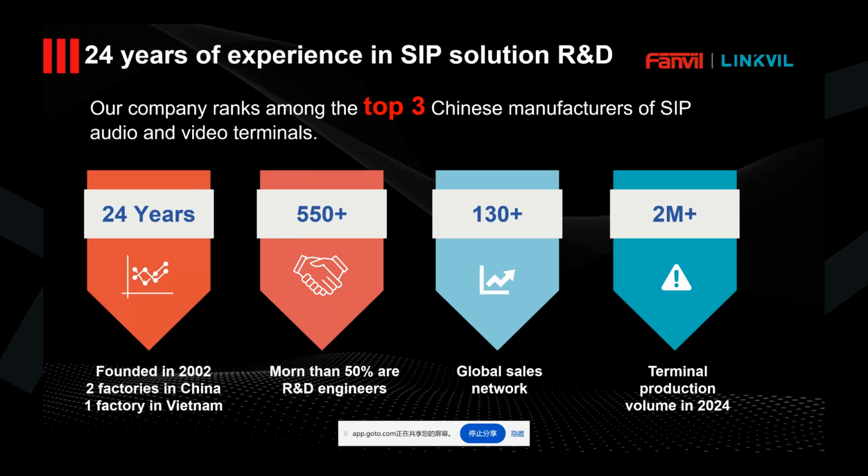Our products are sold across the global business map, and we have more than 130 global network of distribution and partnership. For the goods we sent in 2024, we supplied altogether more than 2 million terminal products.